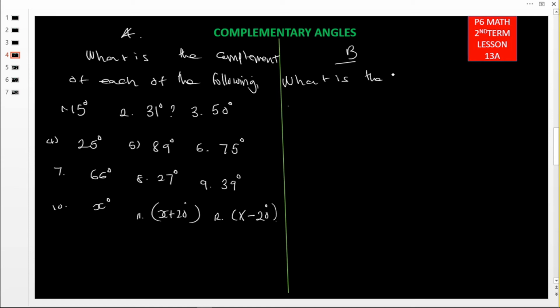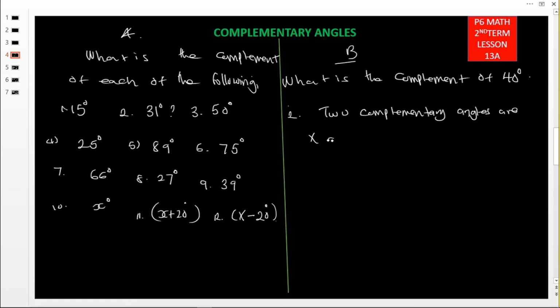What is the complement of 40 degrees? 2 here: two complementary angles are x and 43 degrees.